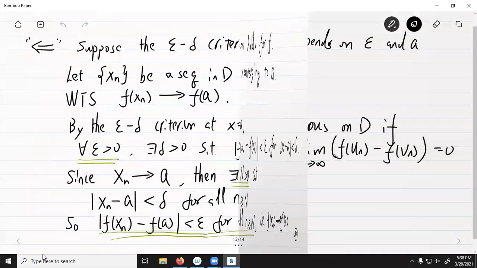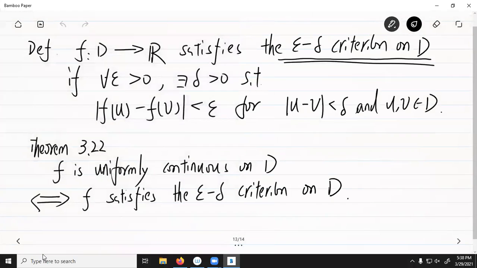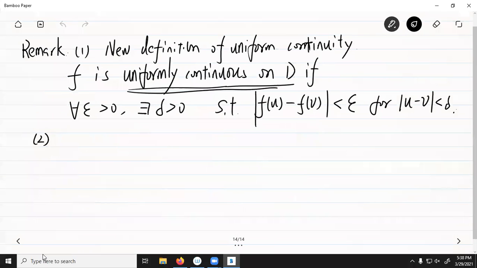And here, f is uniformly continuous on D if for any epsilon greater than 0, there exists a delta such that |f(u) minus f(v)| is less than epsilon for u and v with |u minus v| less than delta.